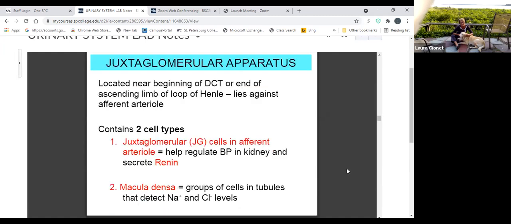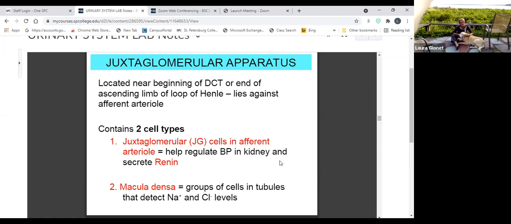We have the juxtaglomerular apparatus. That is where the distal convoluted tubule, some books consider the distal end of the ascending loop of Henle, but most of the time it's going to be referred to as a DCT, and the afferent arteriole are adjacent to one another, and they communicate back and forth. Right?